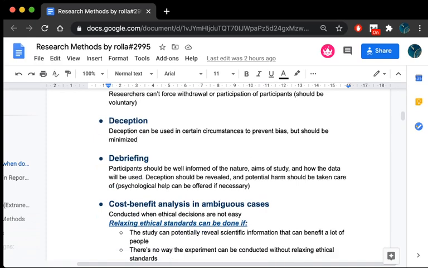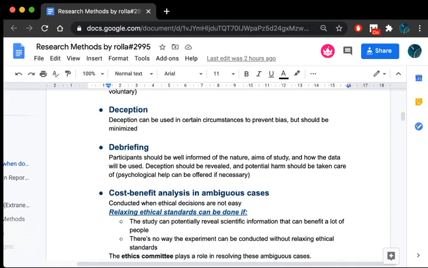Okay, deception. Deception can be used in certain circumstances to prevent bias. The thing with deception is, if you tell participants the aim of the study, sometimes they can have assumptions about what might happen.